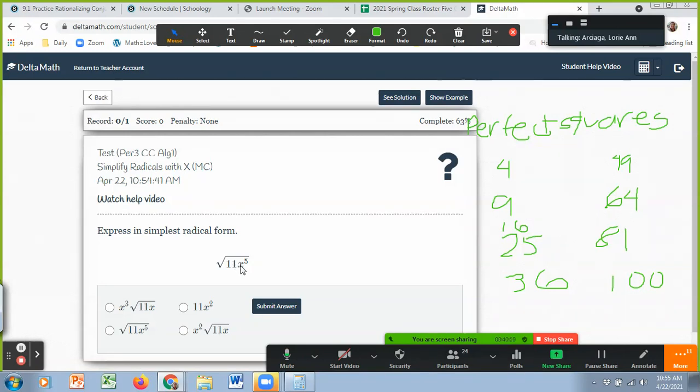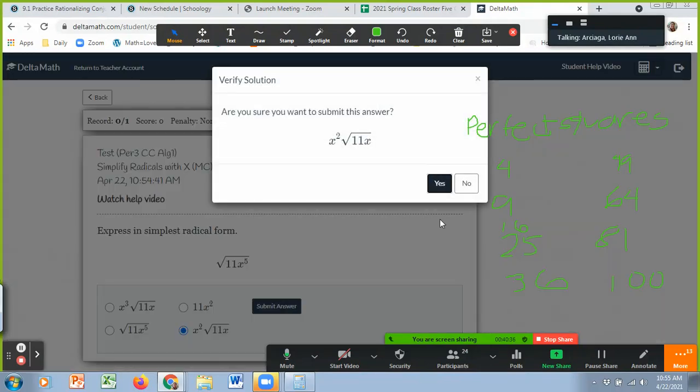What's 5 divided by 2? 2.5, or 2 remainder 1, right? So get used to that because you don't write 0.5 inside. So that means it will be x squared outside. And then the remainder will be 1 x. And 11 also stays inside the radical sign, so you're going to pick that. Submit answer.